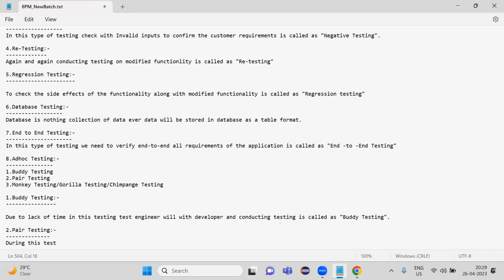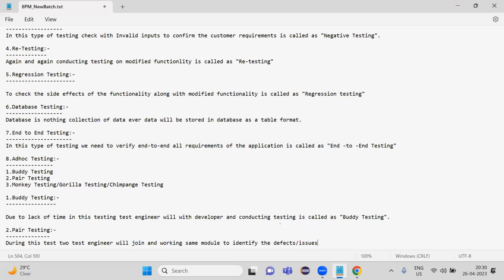During this test, 2 test engineers will join and work on the same module to identify the defects or bugs.